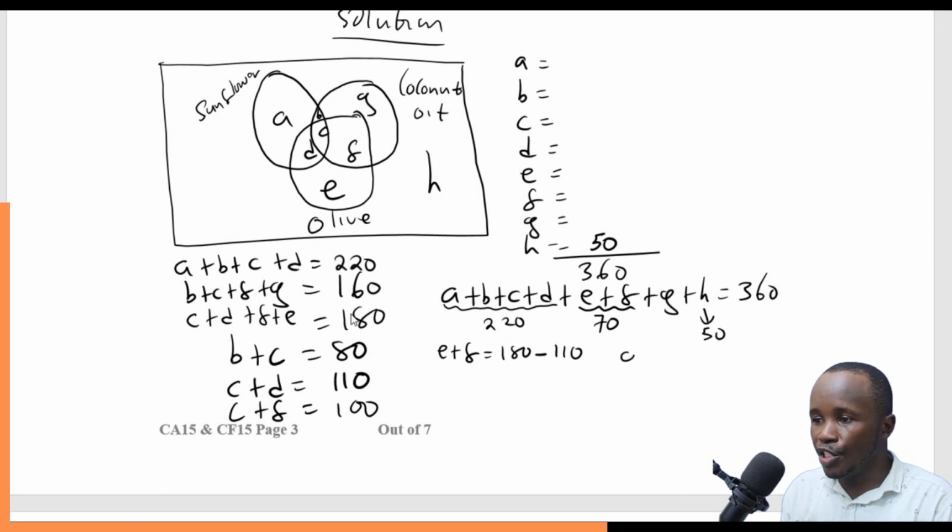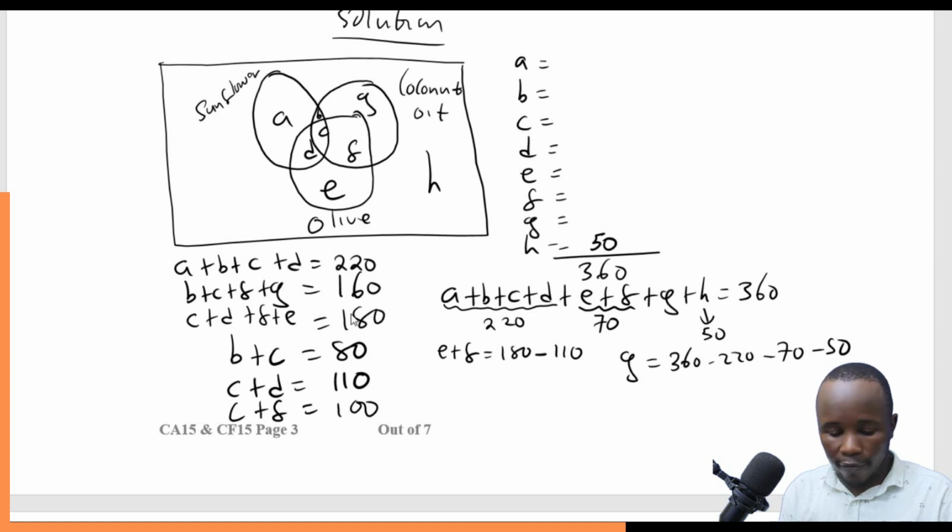This will help me get G. G will be 360 minus 220 minus 70 minus 50. If I take 220 plus 70 plus 50, then I take 360 minus the answer, I get 20. So my G is 20.